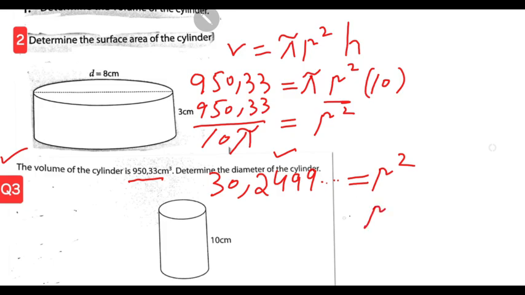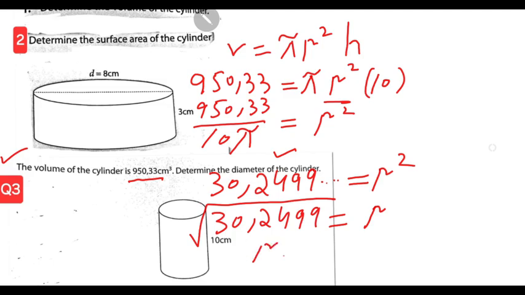So therefore r will be the square root of 30.2499. Square number, when I switch over this side, becomes square root. So I use my calculator, further simplify. The r is 5.5 centimeter.